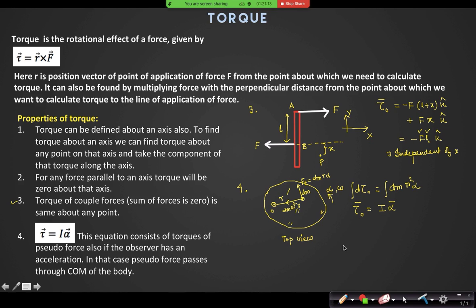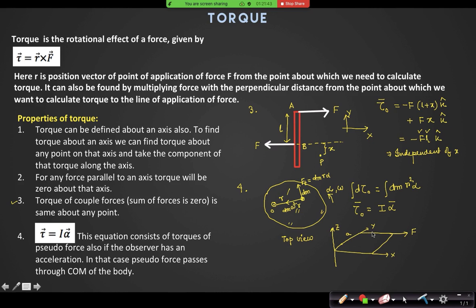Suppose, let us take this example. It is a square plate or rectangular plate, lamina. And I am applying a force F here. This is my x-axis, this is my y-axis, this is my z-axis.